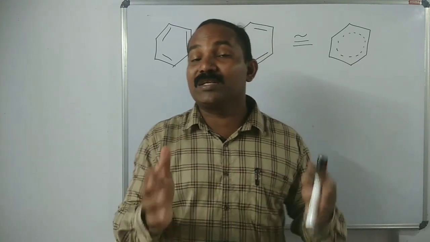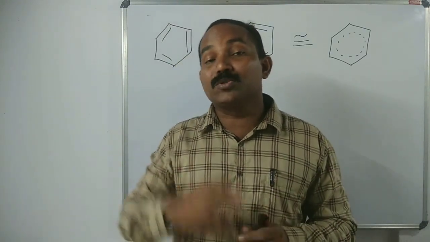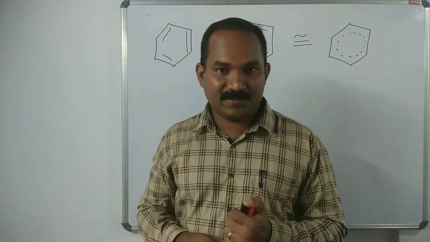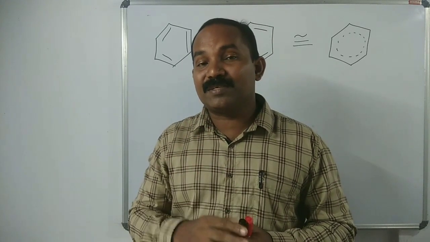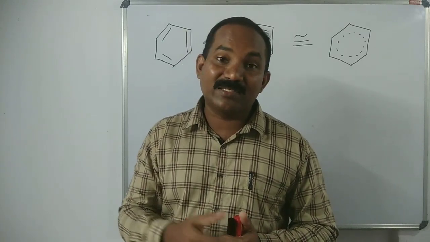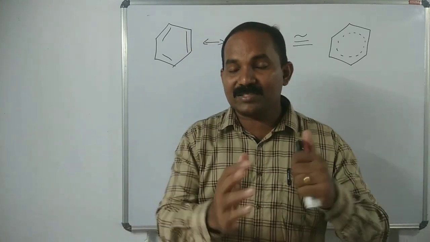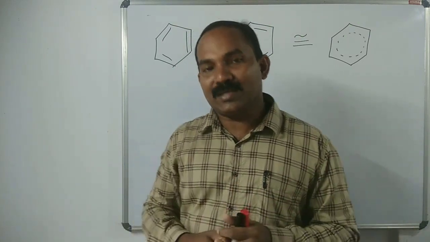All these things we discussed in the 4th chapter. Here we discuss two types of resonance effect. One is positive resonance and the second is negative resonance, similar to positive inductive effect and negative inductive effect.